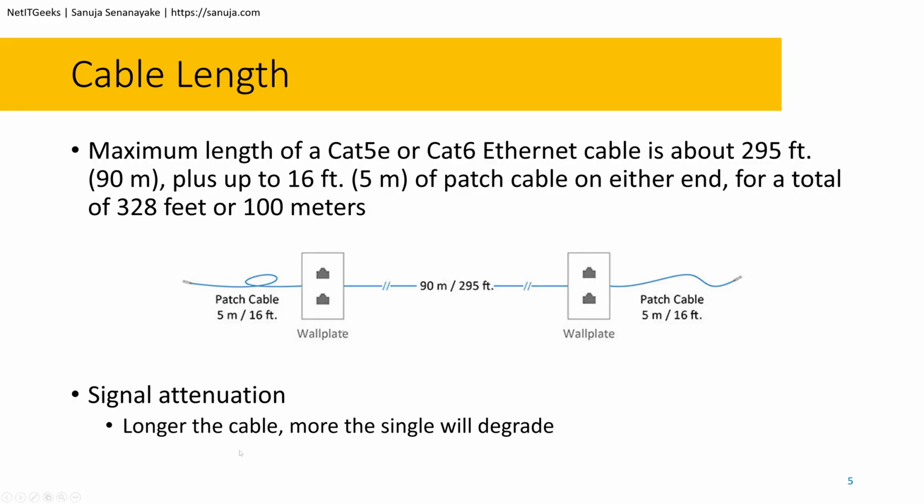Basically, the longer the cable, the more the signal is going to degrade, and with certain conditions, even under 100 meters, you may experience some signal attenuation, such as due to electromagnetic interference, right? So if you have a 110, 115, 120 meter Cat5e cable, you may have a network connection, you may be able to access your network drives and everything, but the speed at which you can download data from your network may be slow due to signal attenuation.